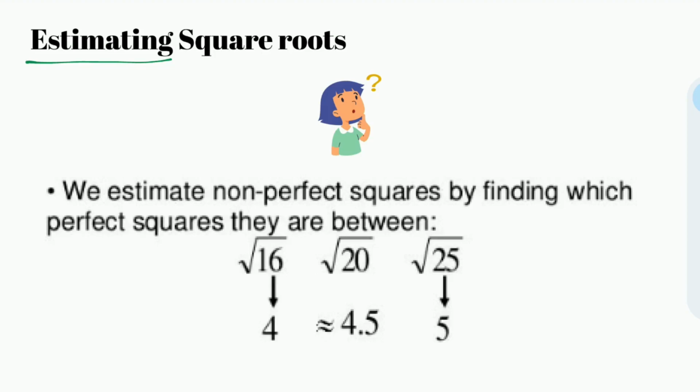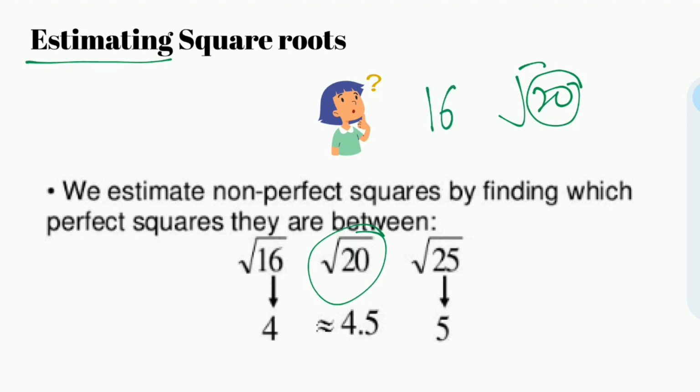For example, somebody asks you what is the square root of 20. What you will do is clearly think about which perfect squares come just around 20. I know that is 16, because it's 4 squared, and then it is 25, because it is 5 squared. The difference between 16 and 20 is 4.